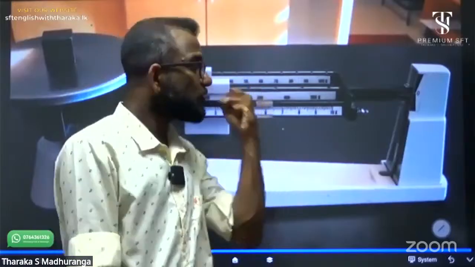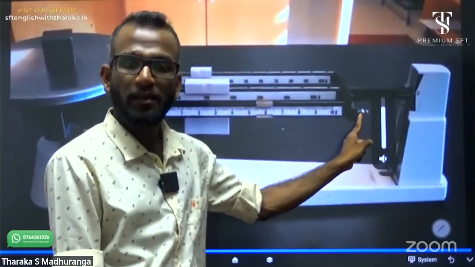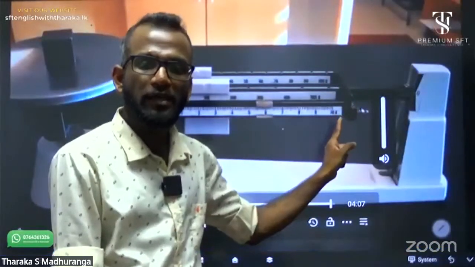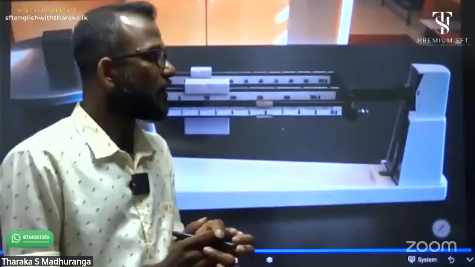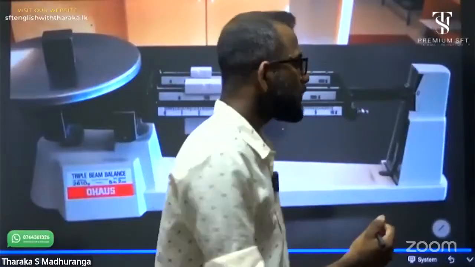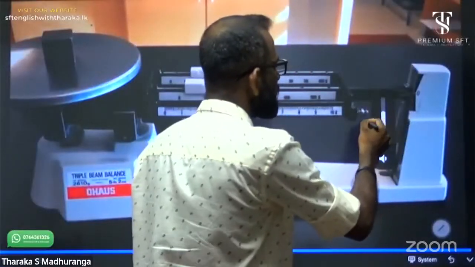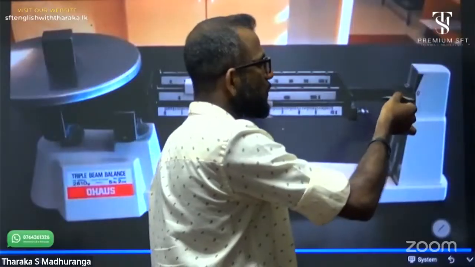Yes, that's why I told you it has an additional option. The instrument supplier gives an additional option for this type of measurement. If you want a reading of more than 610, you can use additional bars. That's why I pointed out this additional bar holder, the extra bar holder.